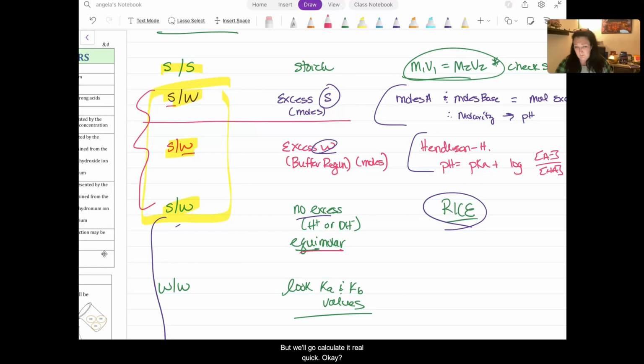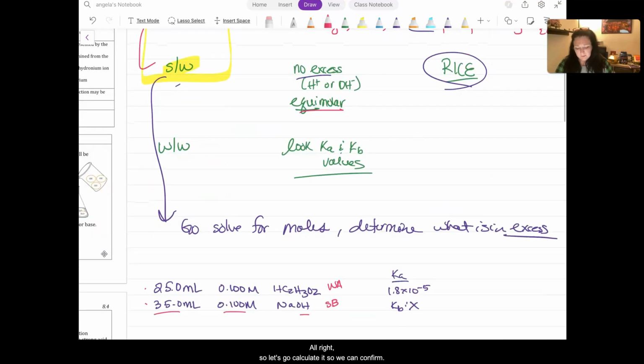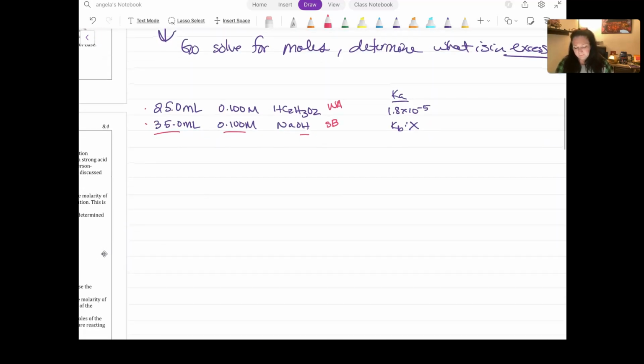But we'll go calculate it real quick, okay? All right, so let's go calculate it so we can confirm. Now what I'm going to do is I try to make my life easy, and you might think I'm not making your life easy by doing this, but it just makes my life so much easier. I want to, number one, know my stuff.